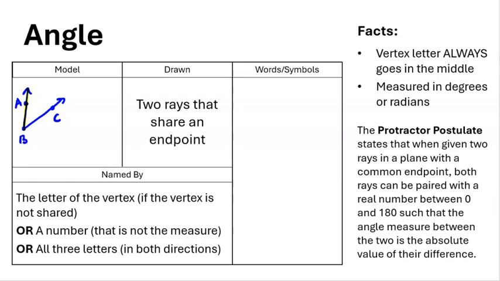So I can see there's a ray here and a ray here that share an endpoint, and that shared endpoint is called the vertex. So in this case, B is going to be our vertex.